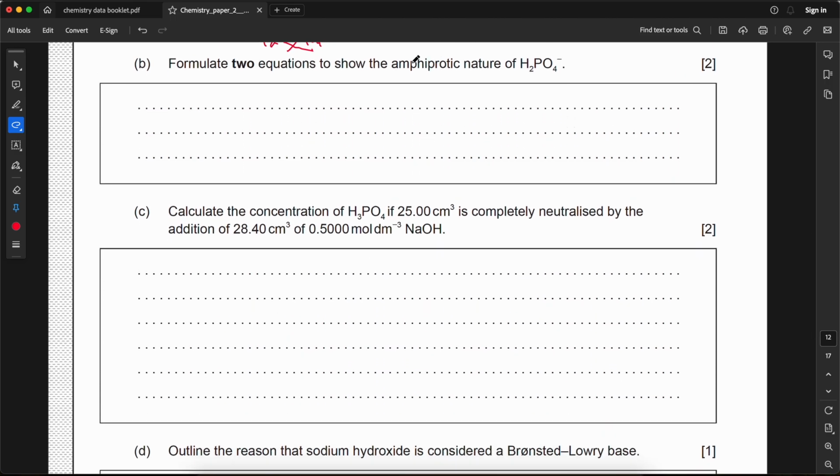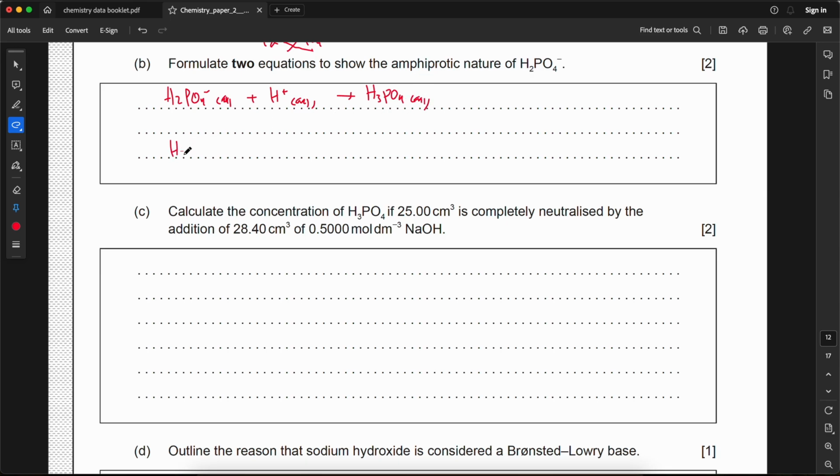Formulate 2 equations to show the amphiprotic nature of H2PO4 minus. Amphiprotic means that it is able to donate a proton and accept a proton, so it can be a base or it can be an acid. As a base, H2PO4 minus, when it reacts with H plus, will produce H3PO4.